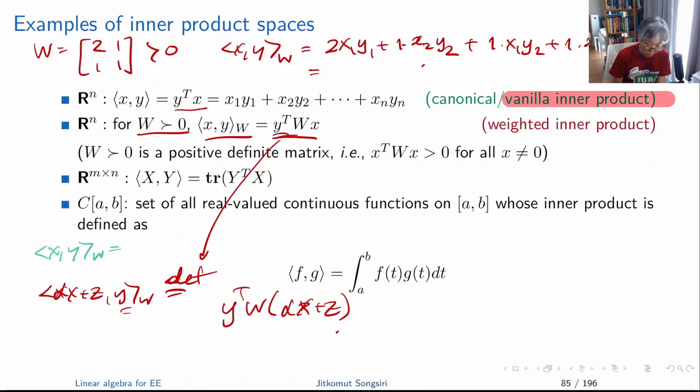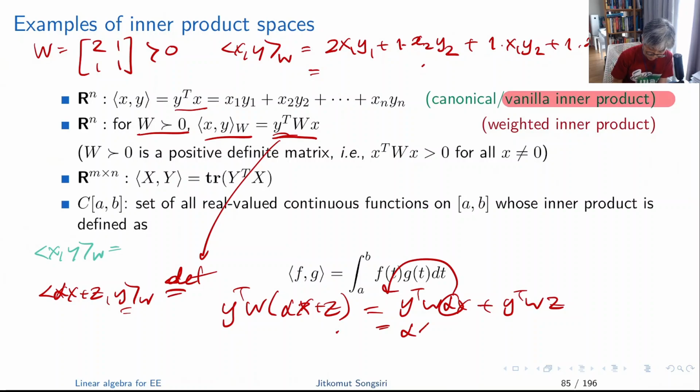You can expand this product in this way, and then that alpha is just a constant. Now you can see that this is the inner product between x and y and the inner product between z and y. So you have linearity in the first argument.